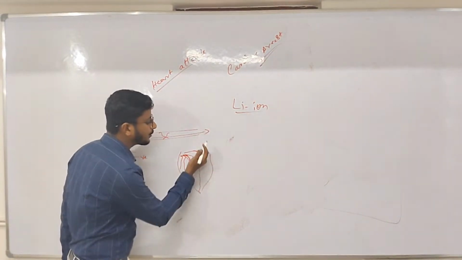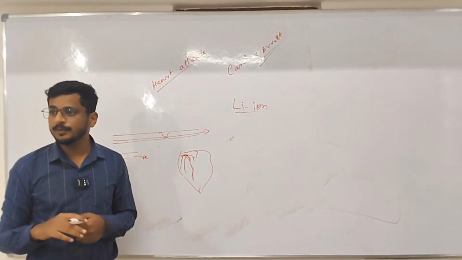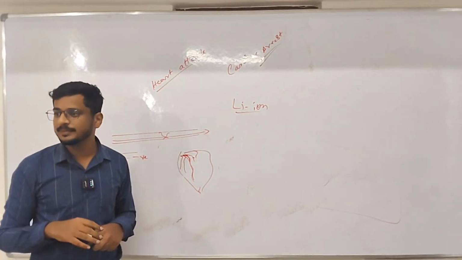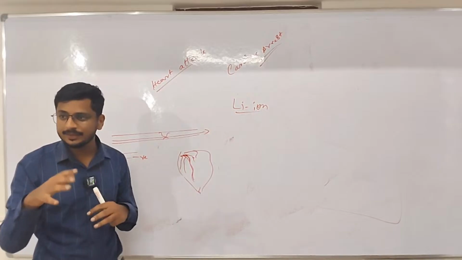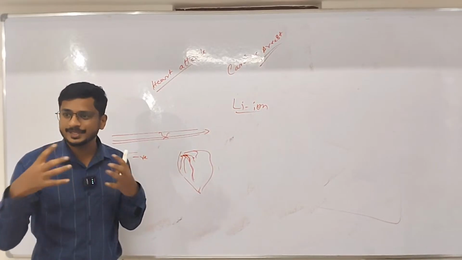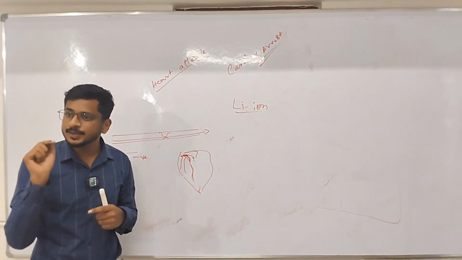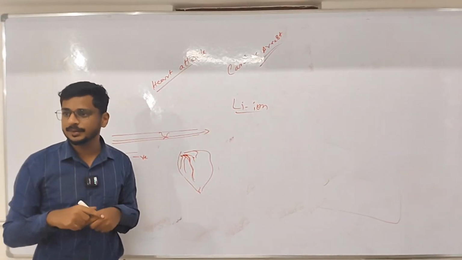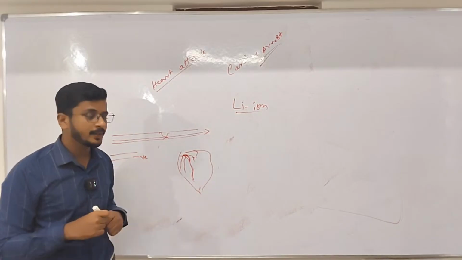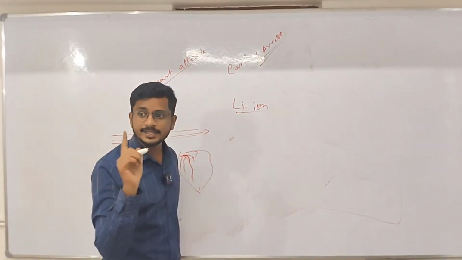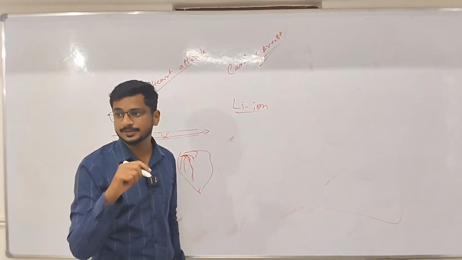Then for the heart to beat, to make the sound lub dub, to beat one after the other, one should contract, one should expand. To make this, there should be some signal going to the heart, correct? Yes or no? That signal is sent through sinus nerves.